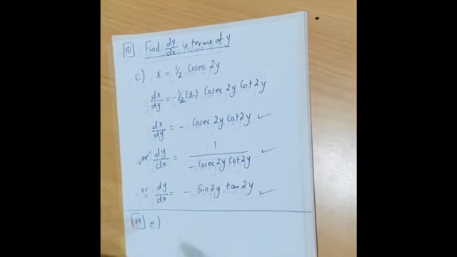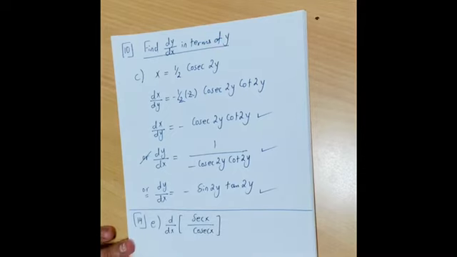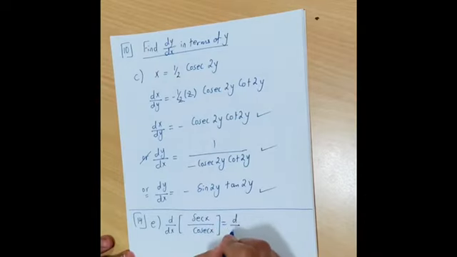Here we go again. Question 14. The question asks you to differentiate sec over cosec. I know you're going to think to use the quotient rule, which is completely right. But we can simplify first what you have inside before you differentiate. Basically, sec is reciprocal of cosine, so it's 1 over cosine.